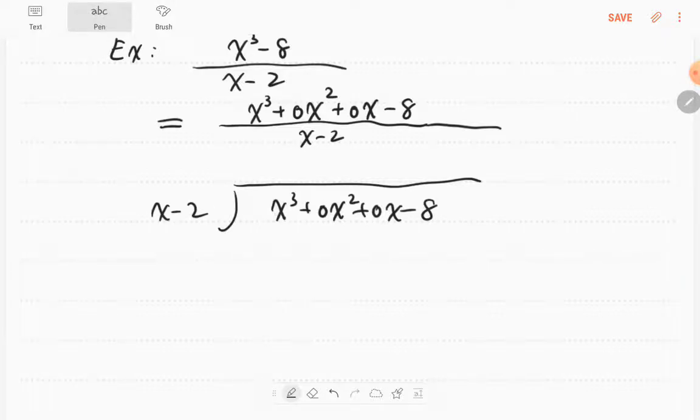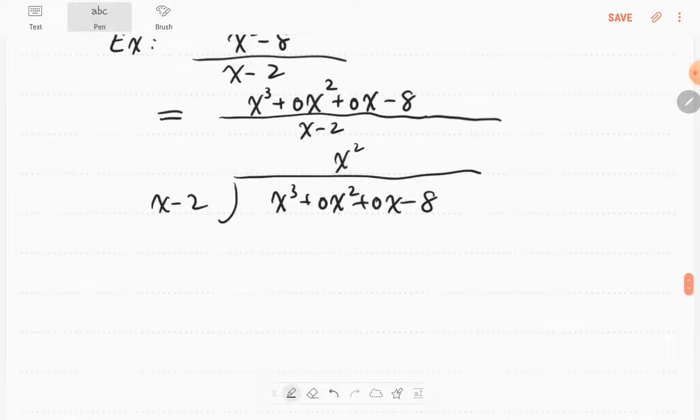So let's check the first term, x to the third. So which term times x we will get x to the third? The answer will be x squared. Why I should put x squared at this position? Because we want to line up the like term, right? X squared above the x squared term. So do the multiplication.